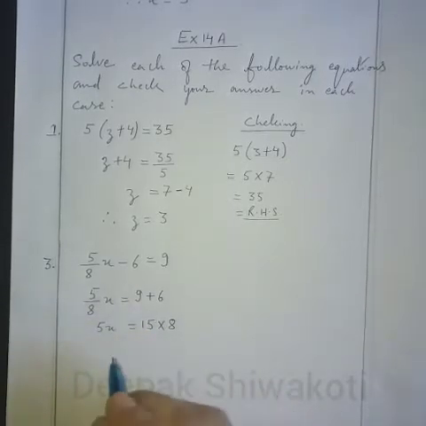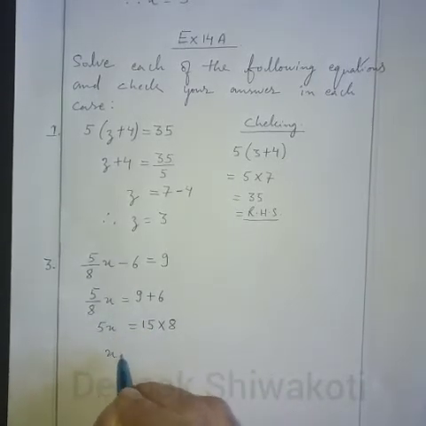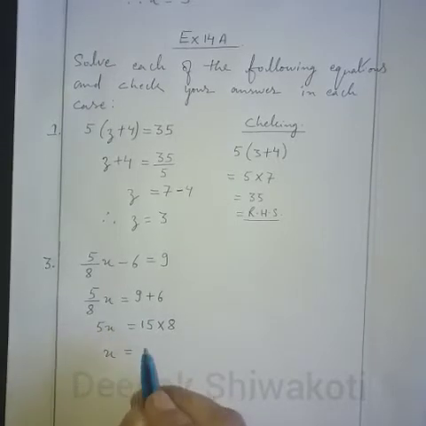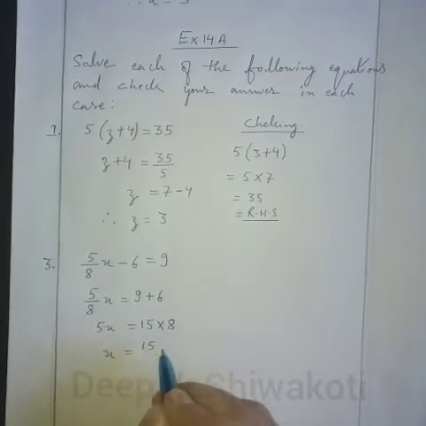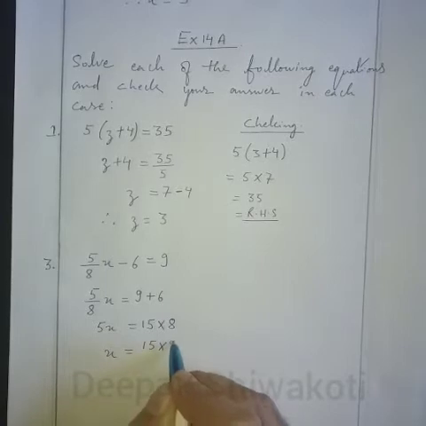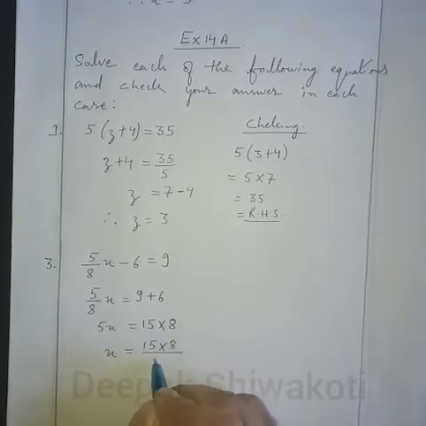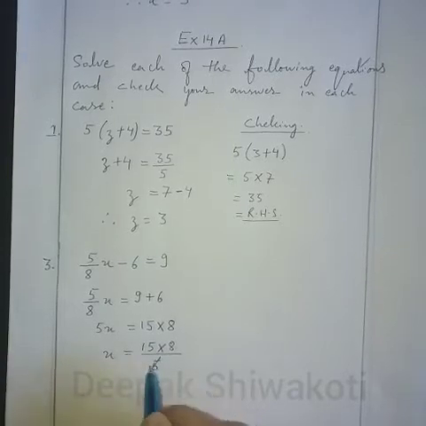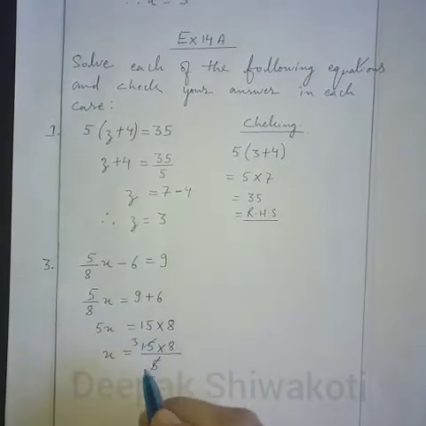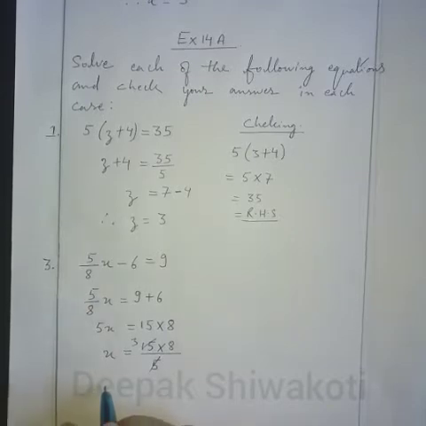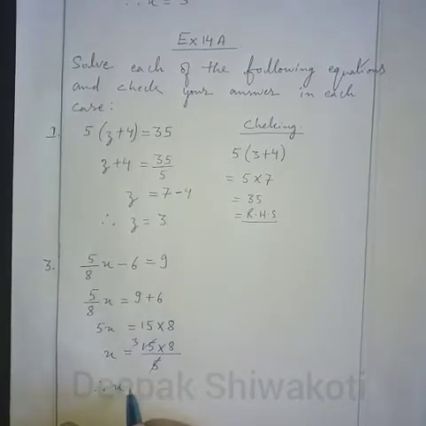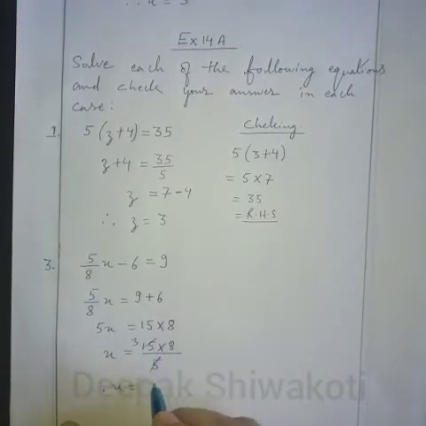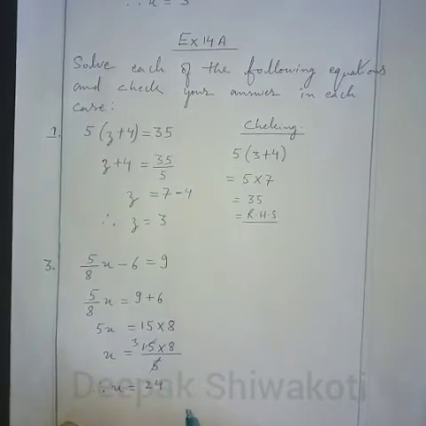Now keep x alone and bring 5 this side: 15 into 8 by 5. 5 ones are 5, 5 threes are 15. Therefore x is equal to 8 threes are 24, isn't it?